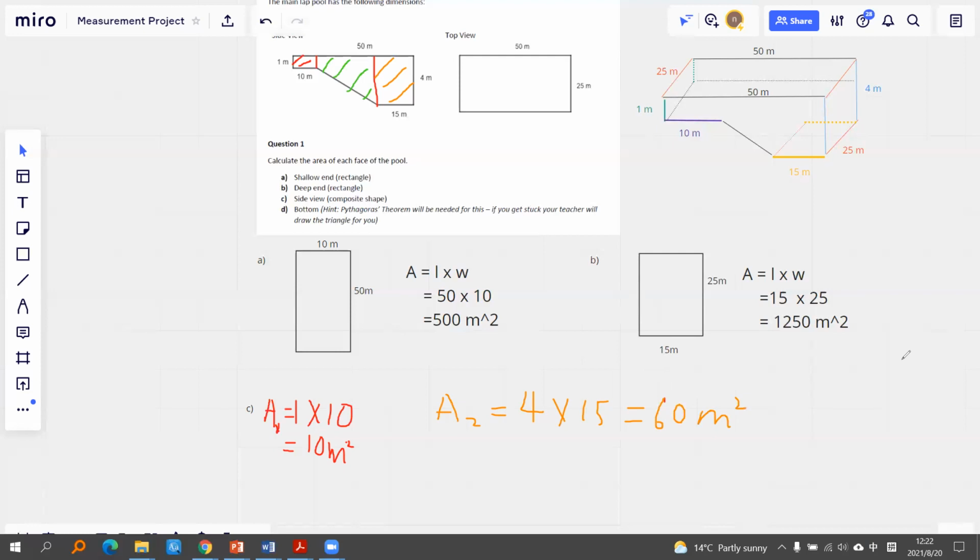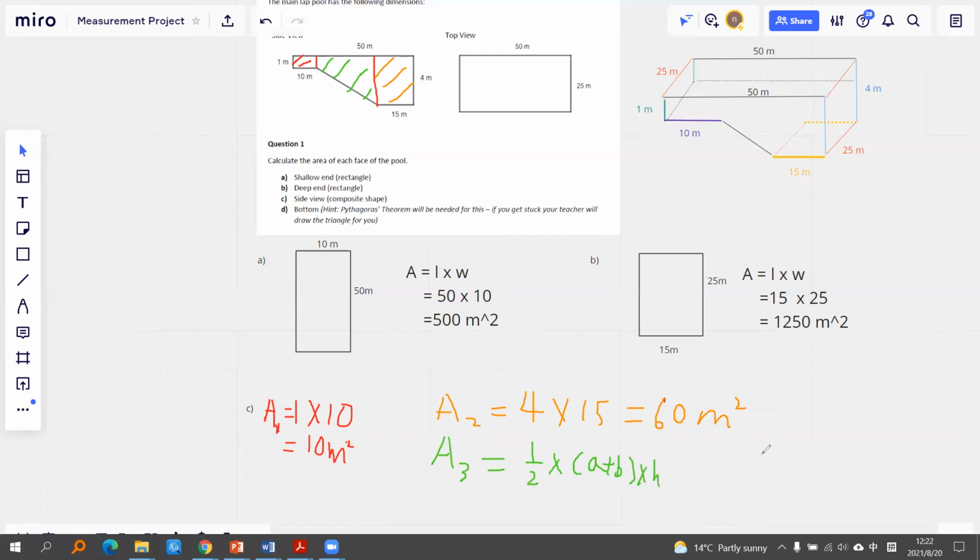Okay, and for the part in the middle, that's A3. We write A3 here. That equals trapezium. For the area of a trapezium, there's one equation you can follow: 1/2 times by A plus B, times by the height.